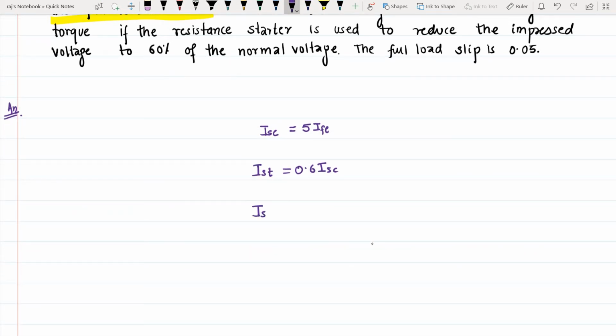Substituting, IST will become 0.6 into 5 IFL. 0.6 into 5 IFL is nothing but 3 times IFL, right? 3 times IFL.